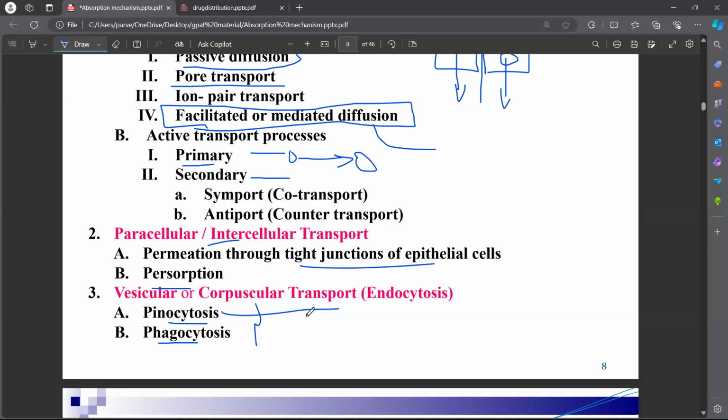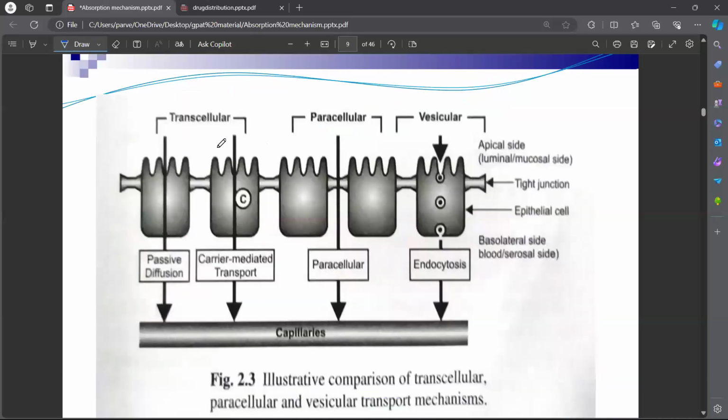So this is basically the overview where we can see that passive diffusion occurs along the concentration gradient. Both passive diffusion and carrier mediated transport are transcellular. Paracellular transport is between the tight junctions. Vesicular transport is nothing but the formation of vesicles in the cell, and this vesicle transports the drug across the cell.